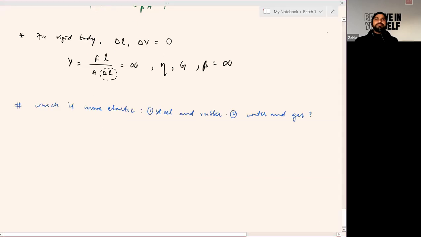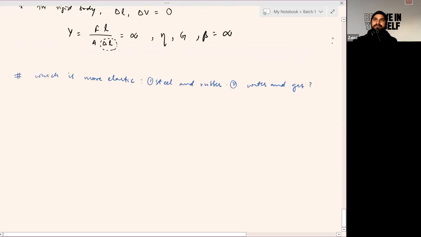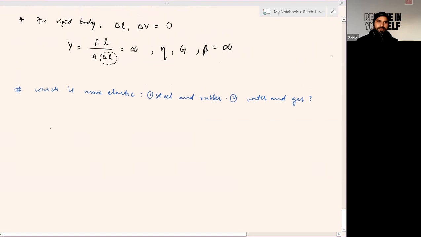So first, take identical pieces of these two substances attached to a particular support.